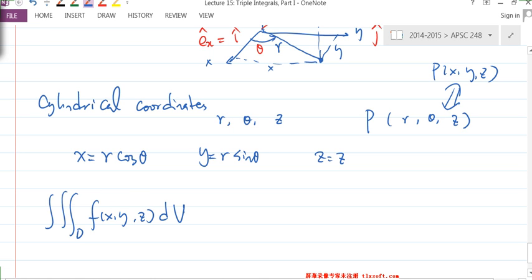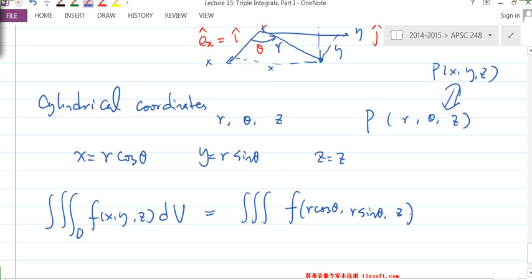And now you're transforming it into cylindrical. We are going to replace the x with r cos theta, the y with r sin theta, and the z with z, no change. So f of r cos theta, r sin theta, and z.